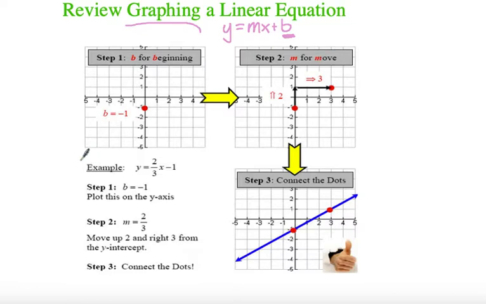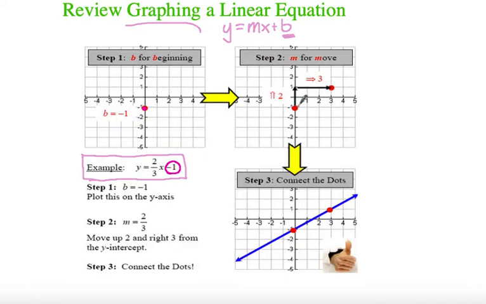So if you look at this example I have typed down here for you, it is y equals 2/3 x minus 1. So in this example, our b is -1. So at the beginning, we're going to plot that -1 point. Then we're going to move to our slope, which is 2/3.